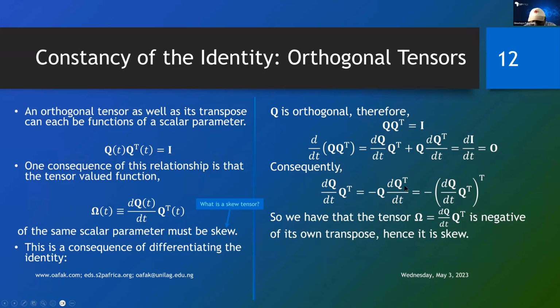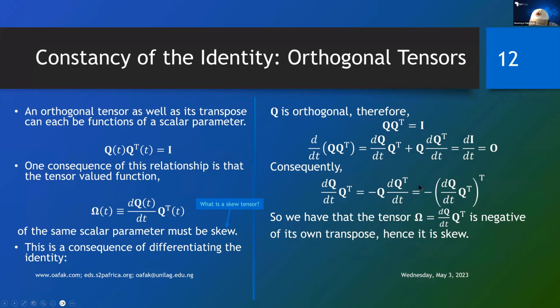You can transfer one term to the other side. Then you know from your matrix algebra that if you take the transpose of everything, letting the transpose sign cover both Q and this one, you have to reverse them. So this one is minus dQ/dt Q^T, all of it transposed.